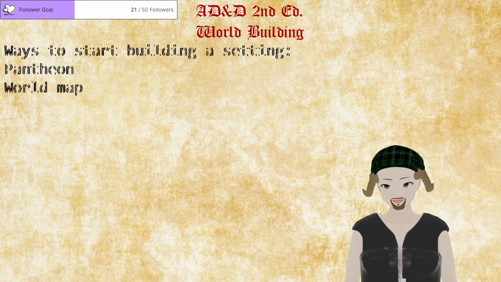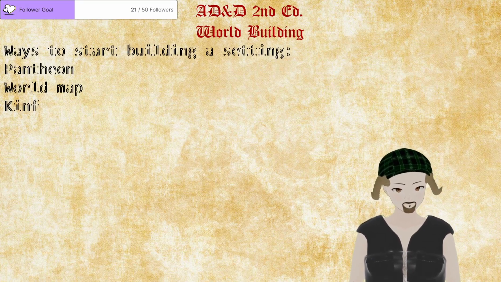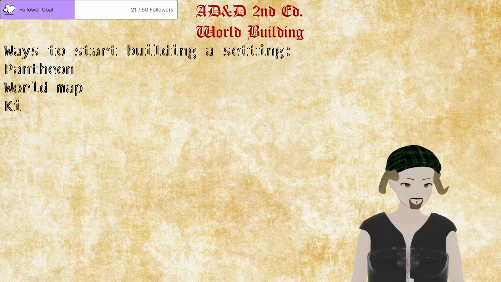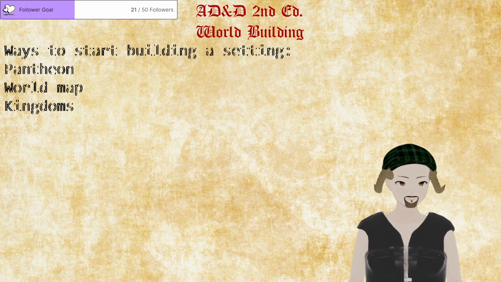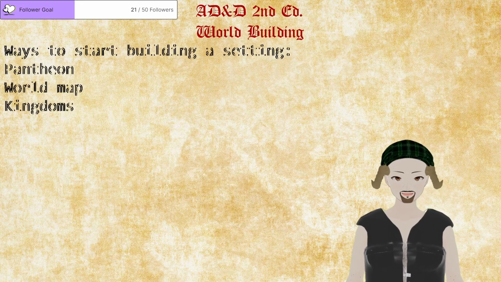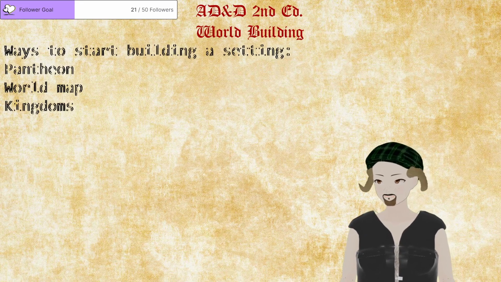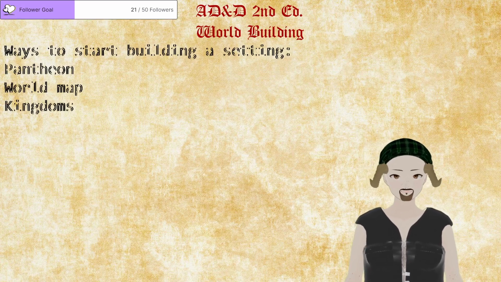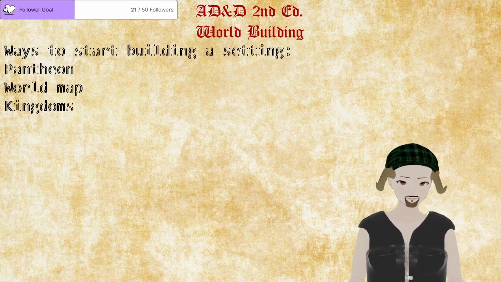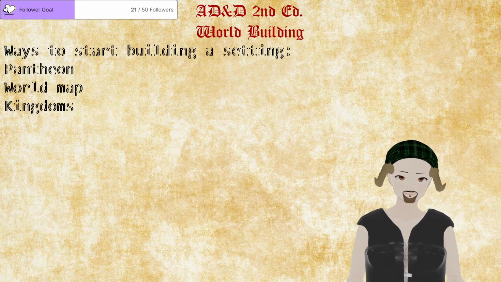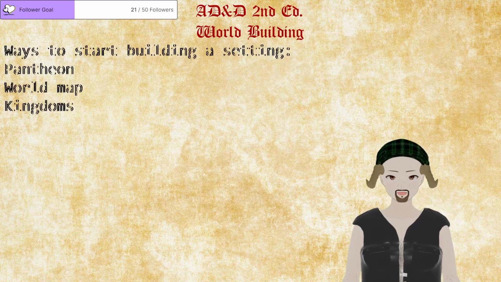We could start with kingdoms. Without even making a map, we could decide I want a kingdom that is this, a kingdom that is that, a kingdom that is this other thing. I want them to be primarily like this, and then move on to go, all right, what kind of pantheon do I need to have all of these in the same setting?